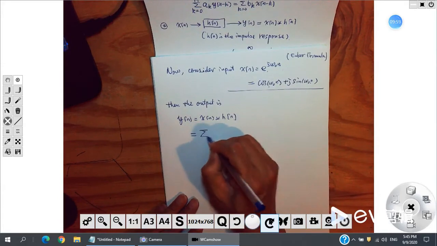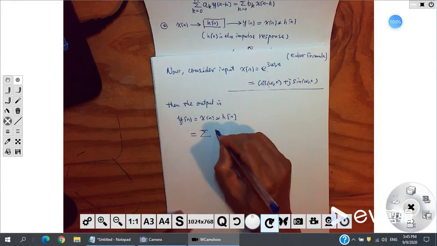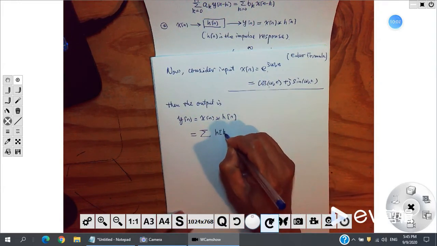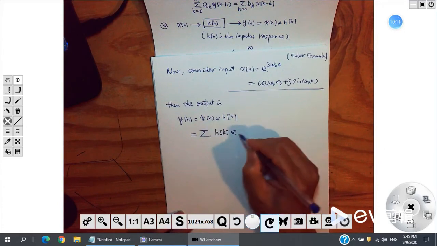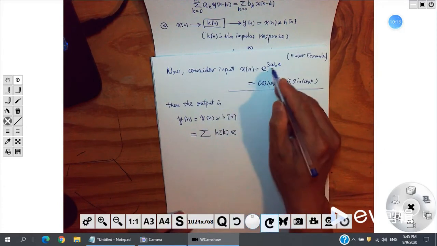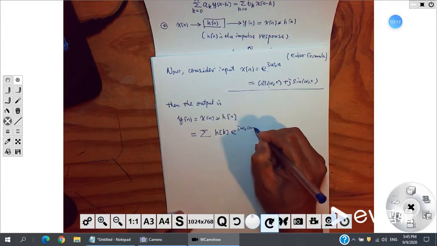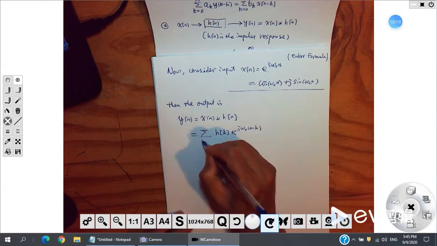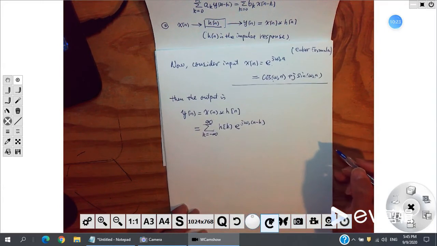It is the summation of h of k times x of n minus k, which is e to the j omega 0 (n minus k), and k runs from negative to positive infinity.